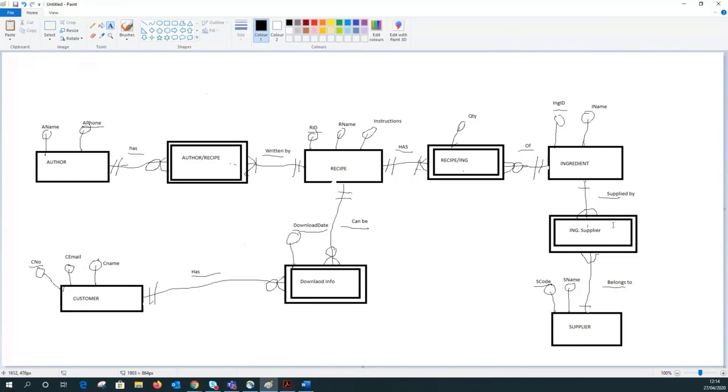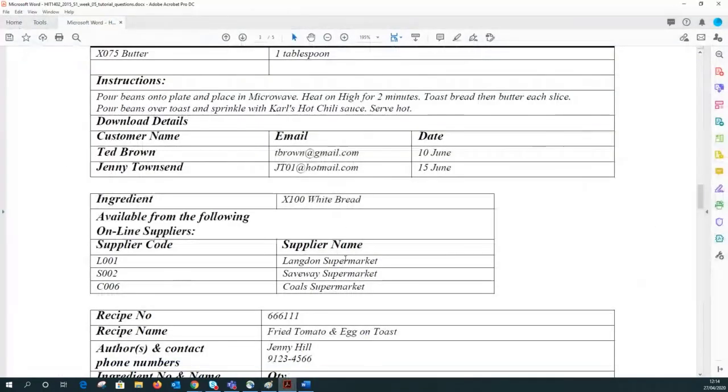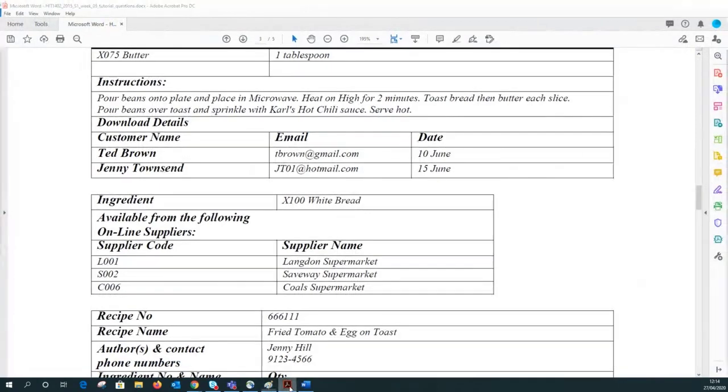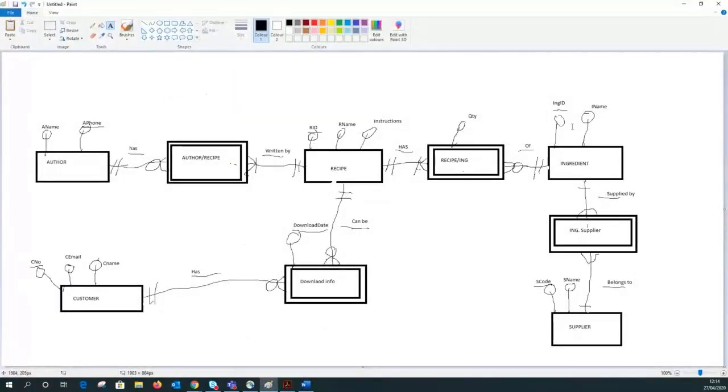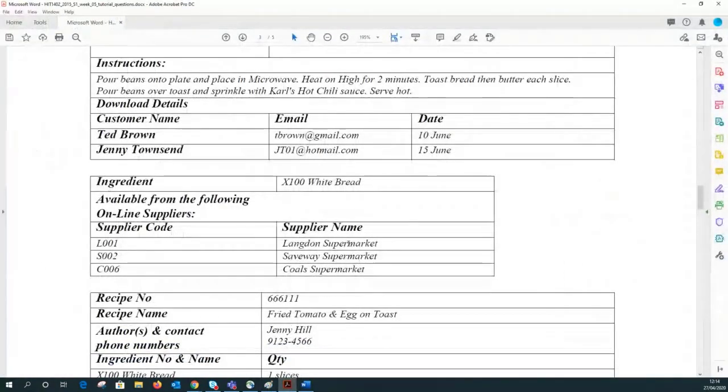So do we have any other attributes to ingredient supplier? In this case, there is nothing. So we have only 2 attributes, right? Ingredient ID and supplier code for ingredient supplier. Okay. Right. So completed that part.